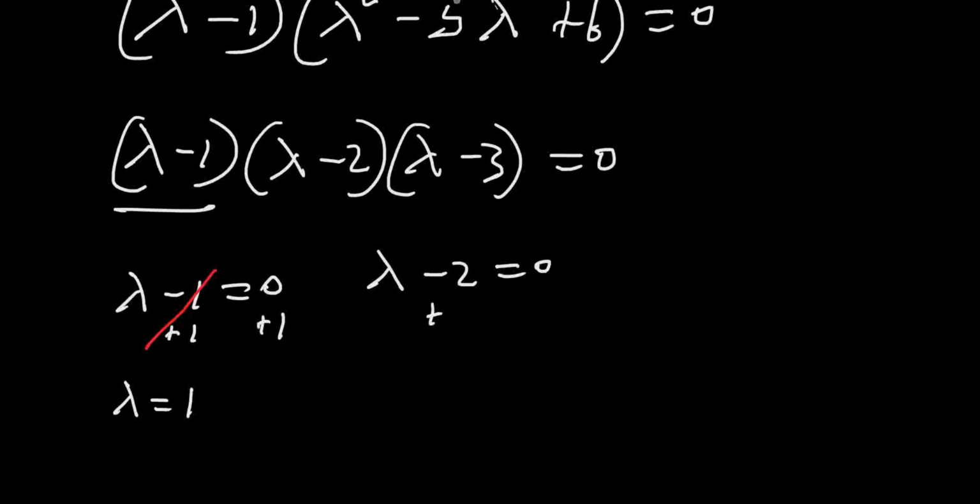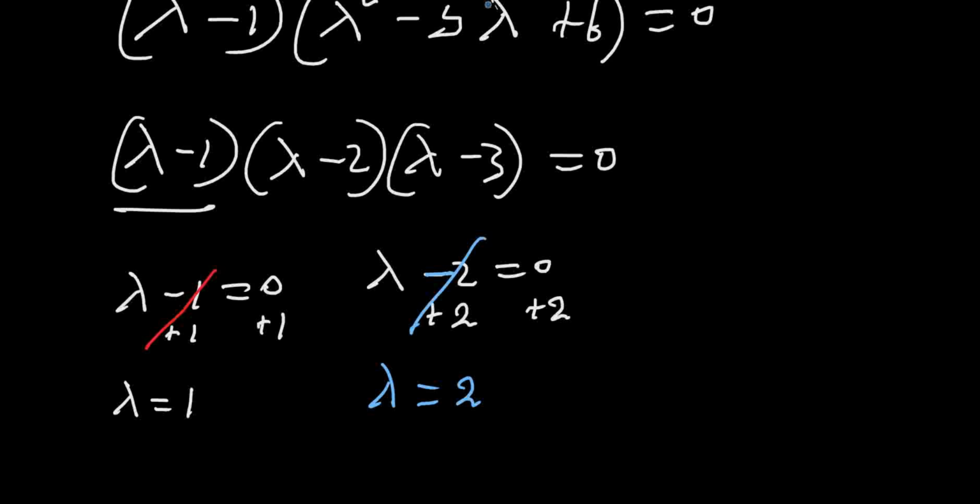Just simply add 2 to both sides, and negative 2 plus 2 is 0, so lambda will be equal to 0 plus 2, and that is 2.